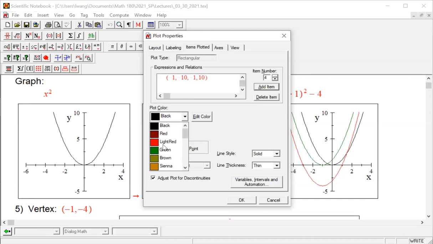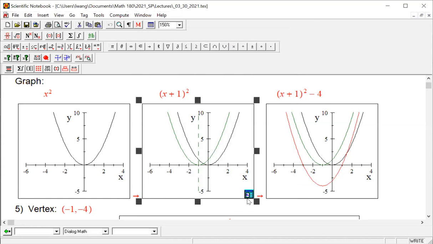I'm going to make it green, broken line, and just stay thin. That's a line of symmetry.